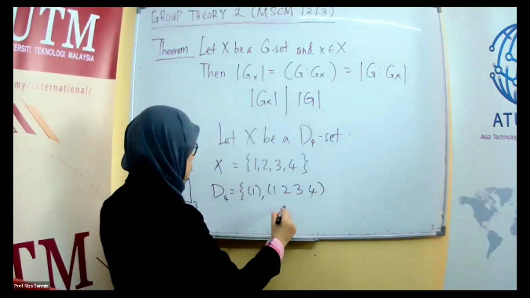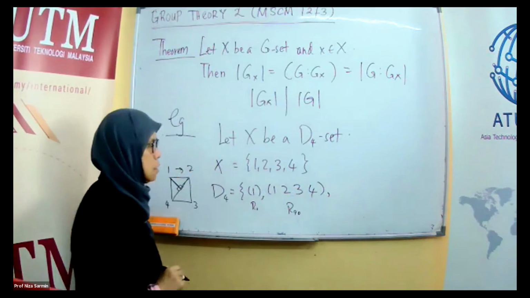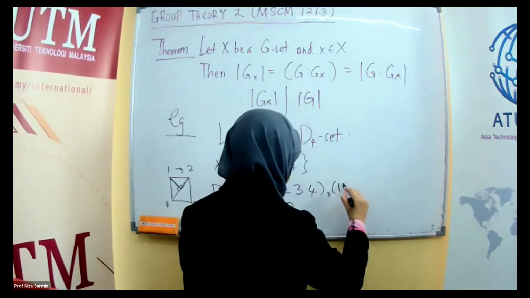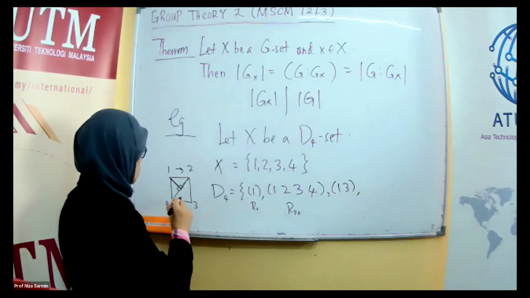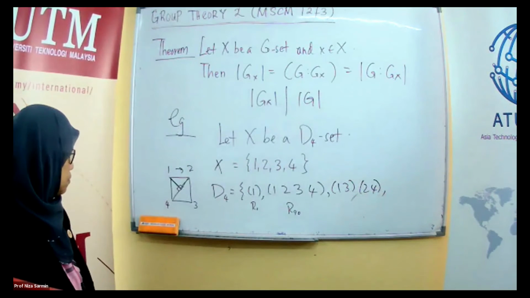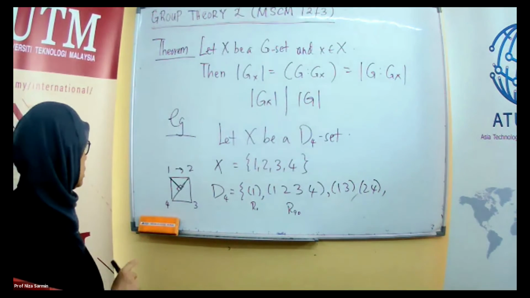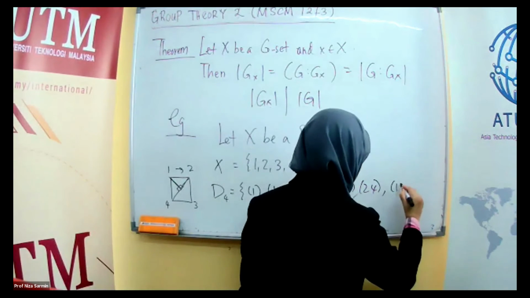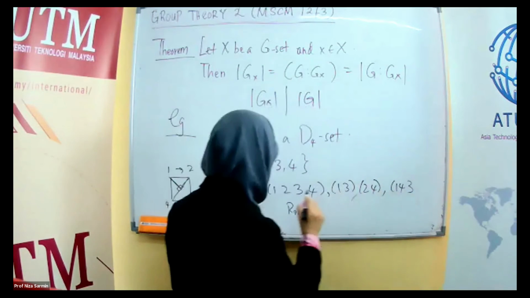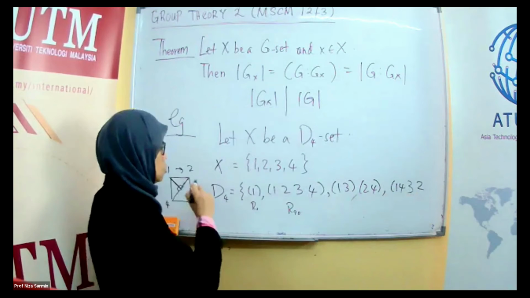So this is R0. This is R90. Now I have R180: 1 goes to 3, 3 goes to 1, 2 goes to 4, 4 goes to 2. That's 180, right? And then we have 270: 1 goes to 4, 4 goes to 3, 3 goes to 2, 2 goes to 1.